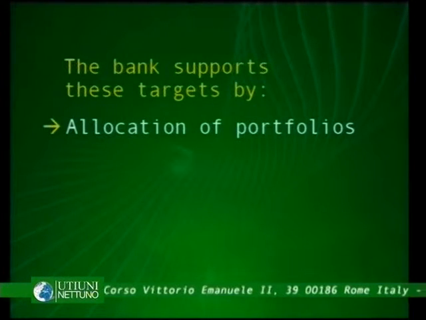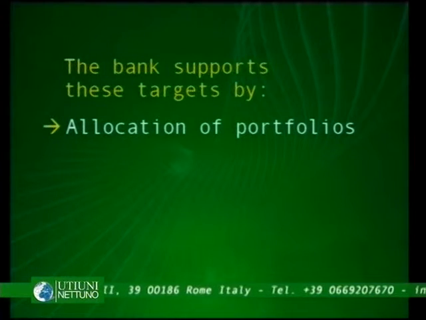How does the bank support these targets? Allocation of portfolios. Allocation of portfolio means that the customer basis is segmented, and a proper corporate relationship manager is allocated to different kind of segment of customers.